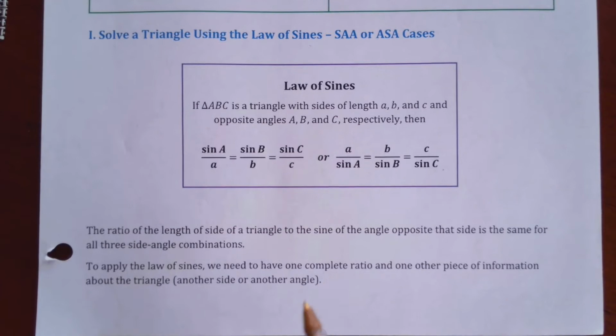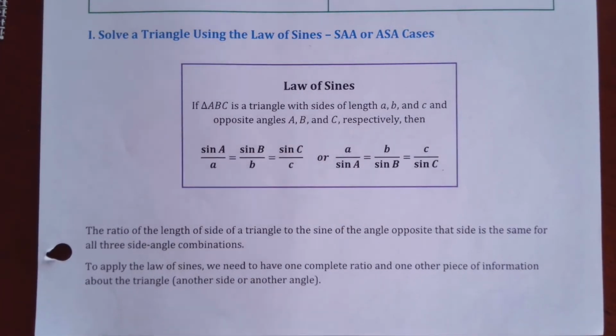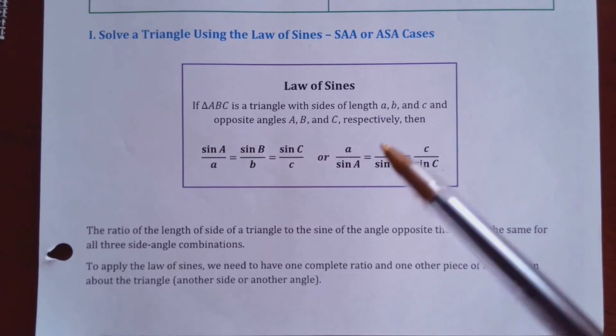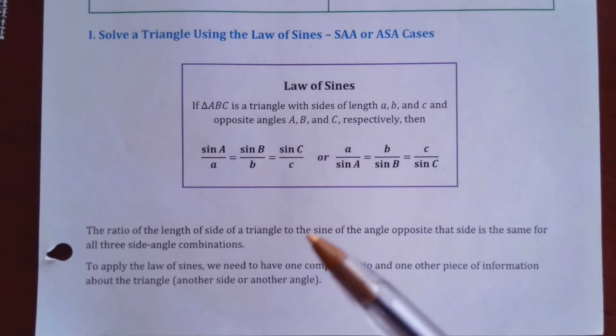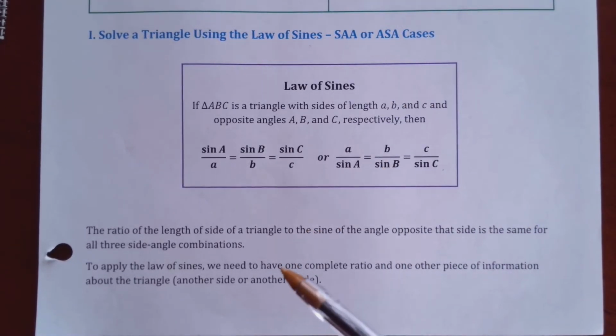Now, the other thing I want to mention before we move on is that nine times out of ten, it doesn't matter how you do these problems, but every now and then there's going to be a problem where you may or may not get the right answer if you don't find the right angle or side first.